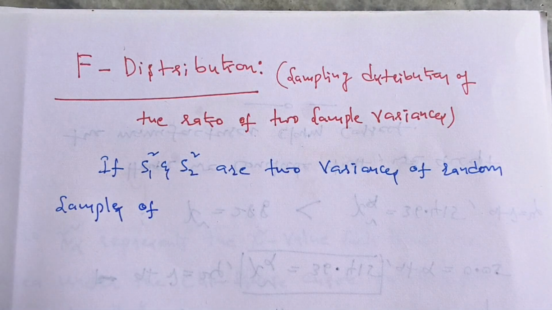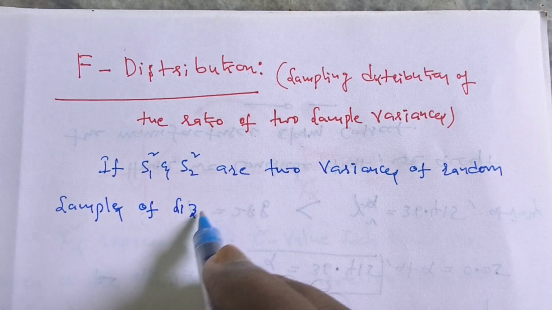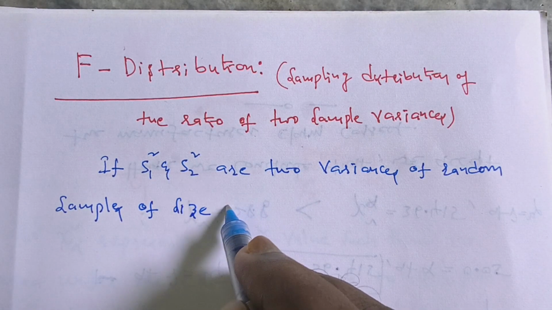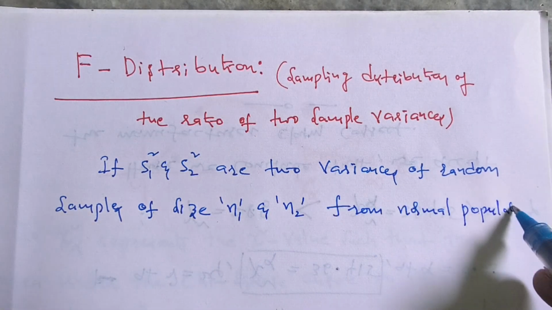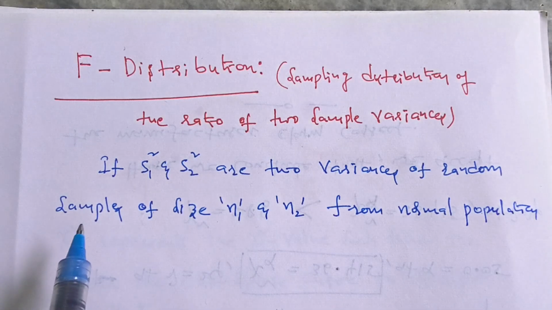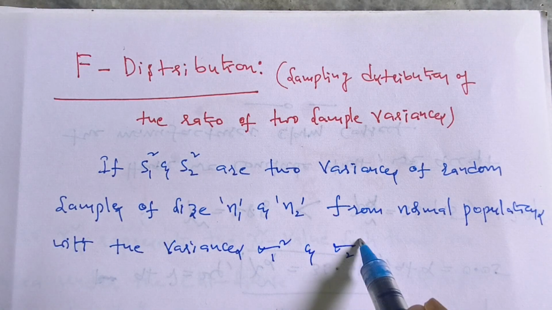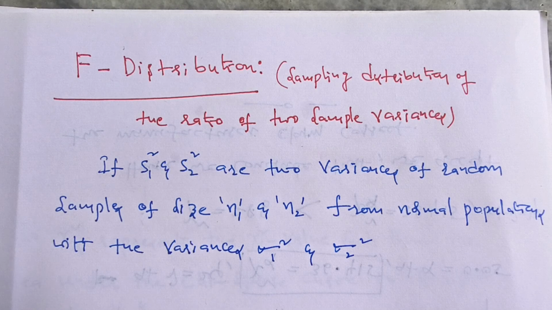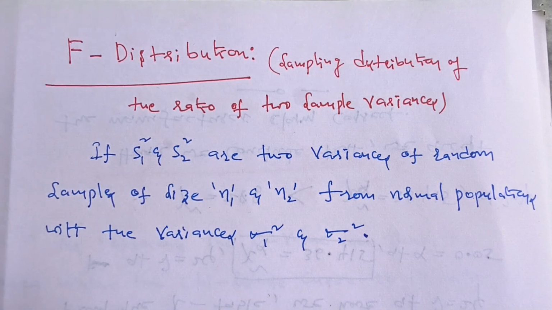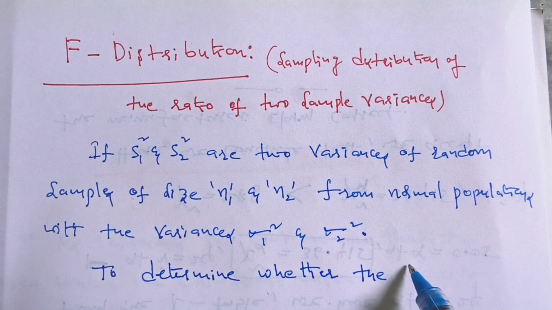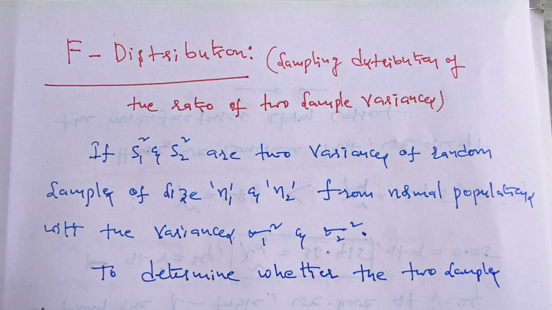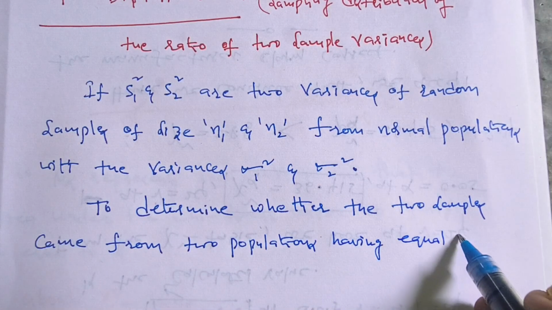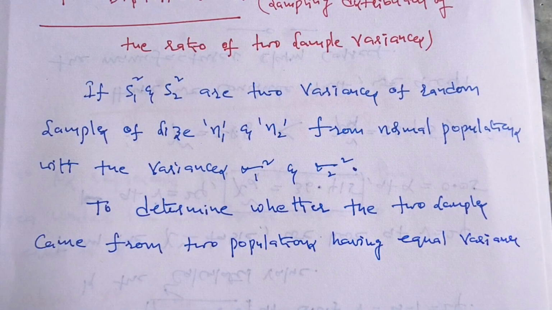If S1 square and S2 square are the variances of random samples of sizes n1 and n2 taken from normal populations with the variances sigma 1 square and sigma 2 square, then what we find in the F distribution is to determine whether the two samples came from two populations having equal variances.